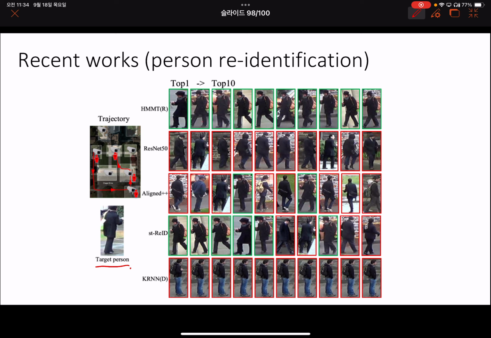This is very challenging. There were lots of person re-ID papers around 2017, 2018, 2019. This kind of thing, the whole body or the face, anything can be used. Anyway, this is person re-identification.